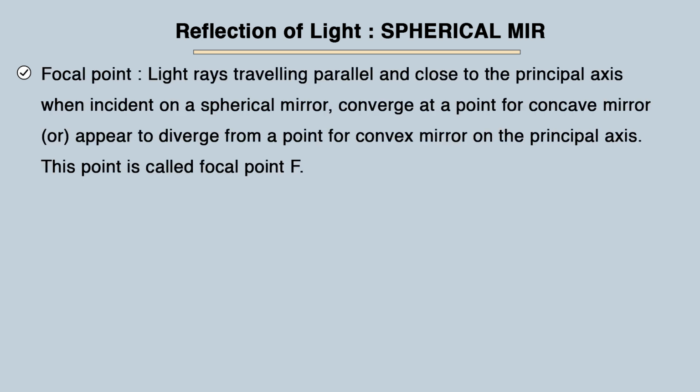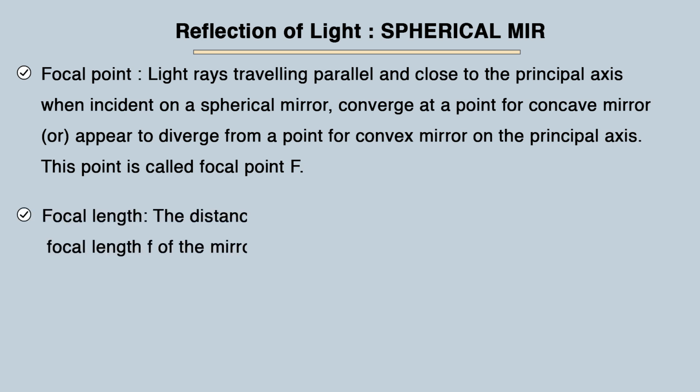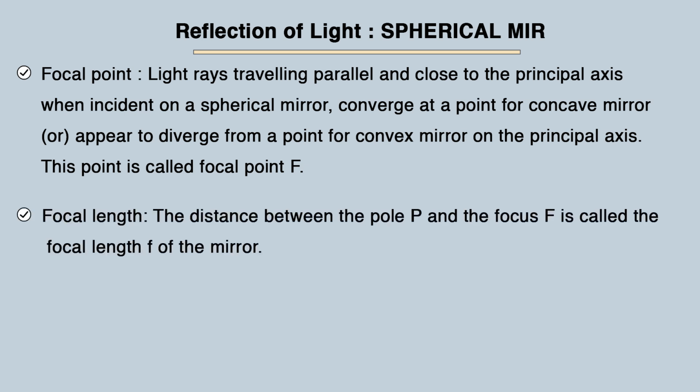Some more terminology is the focal point. Light rays travelling parallel to the principal axis and incident on the spherical mirror converge at a point for the concave mirror, or appear to diverge from a point for the convex mirror, and that is known as the focal point, represented by capital F. The focal length is the distance between the pole P, the geometrical center of the mirror, and the focal point F, called the focal length f.